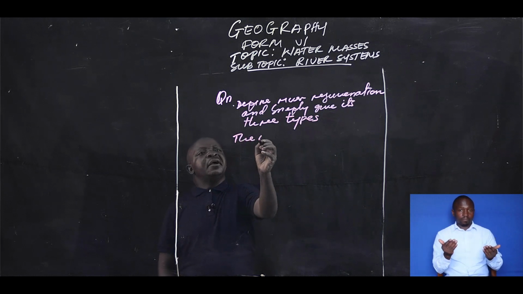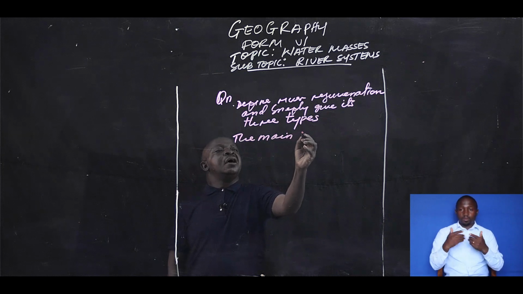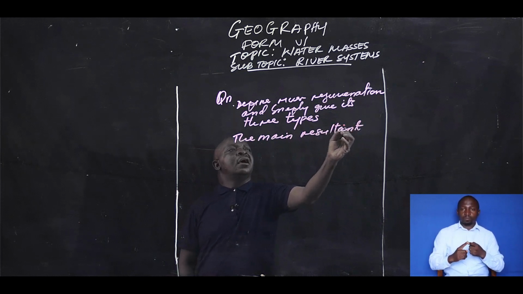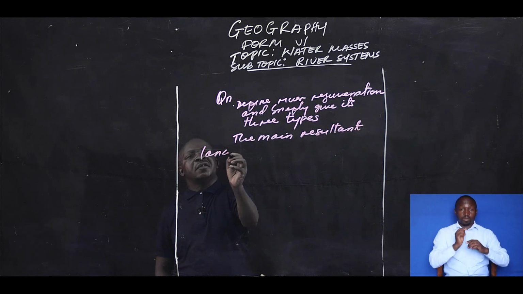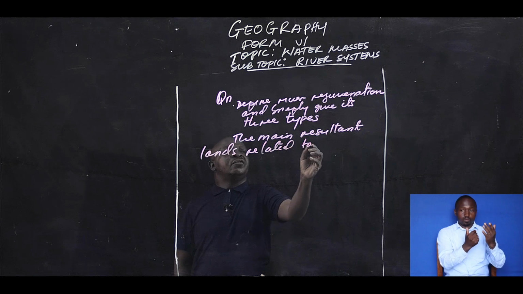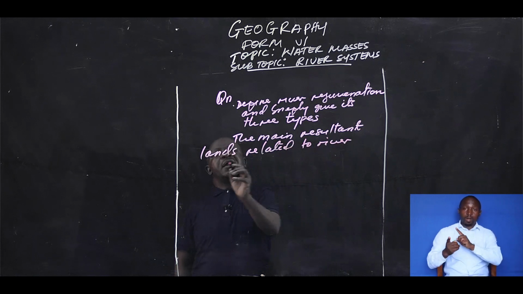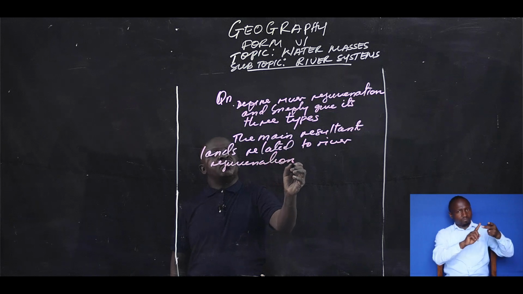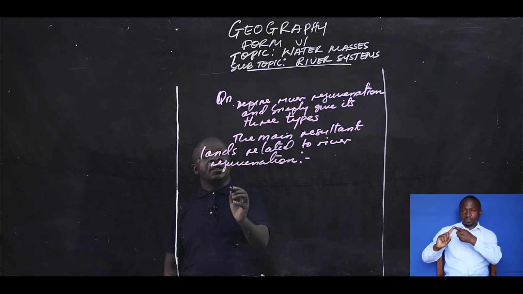Now, the main resultant landforms related to river rejuvenation include the following.